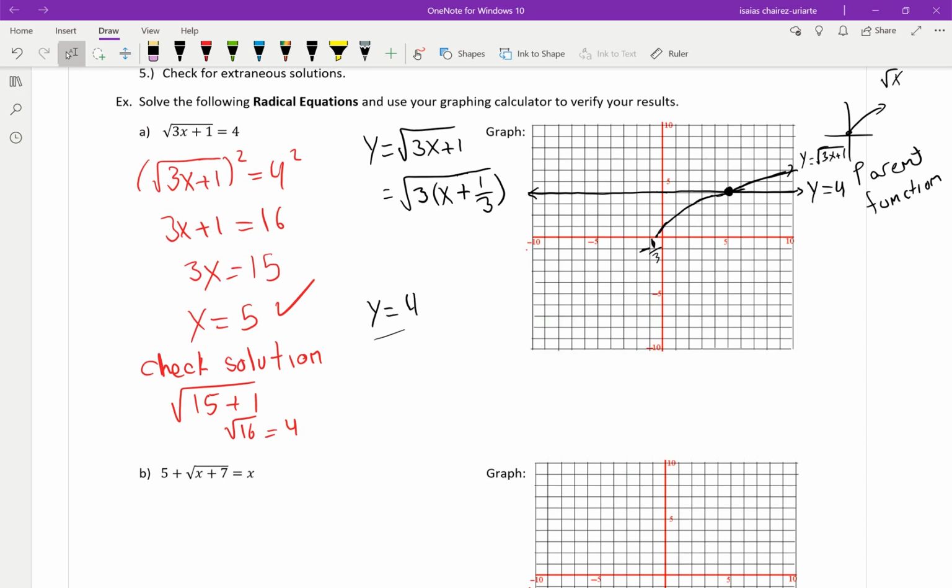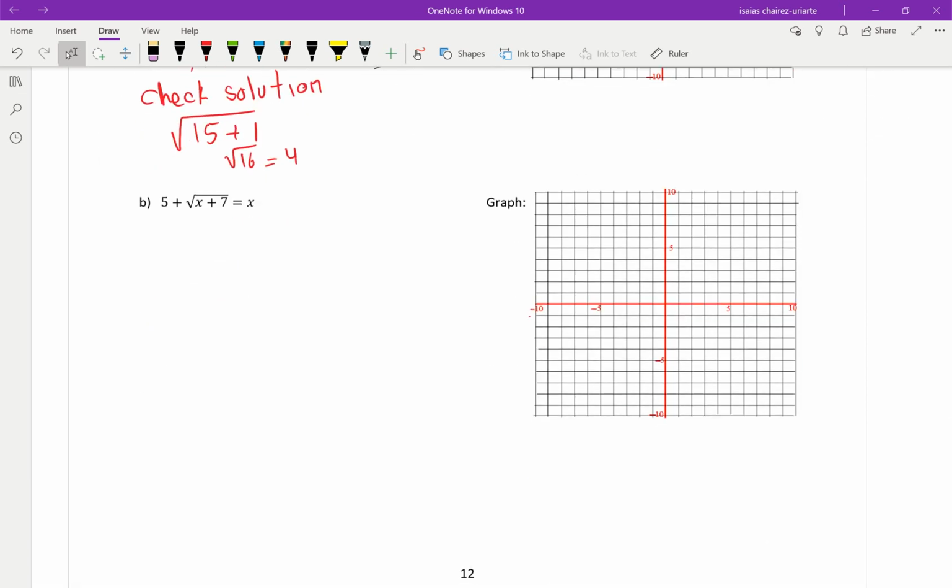So the next one. Okay, so I've got to solve this equation. The first thing I'm going to do is isolate the radical. So that means I need to leave my square root all by itself. So I'm going to subtract the 5 from both sides. So I'm going to have the square root of x plus 7 equals x minus 5.